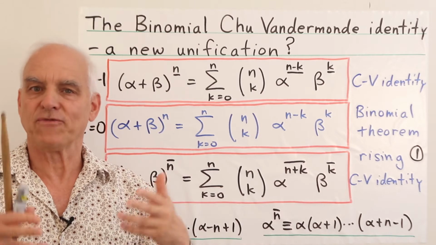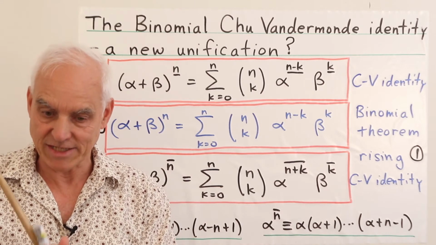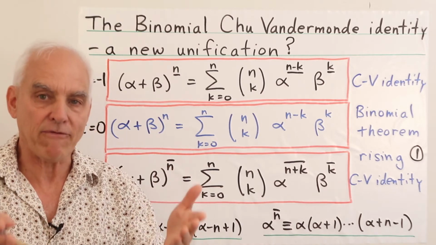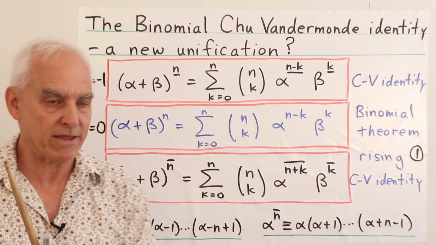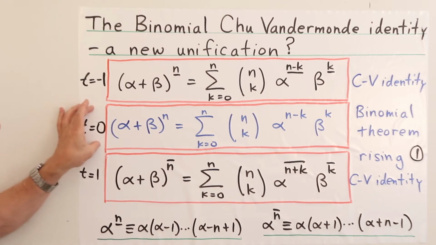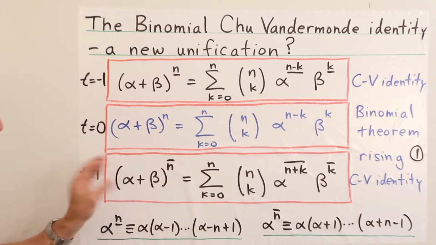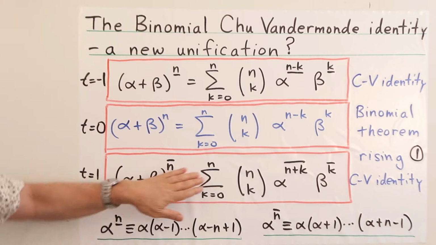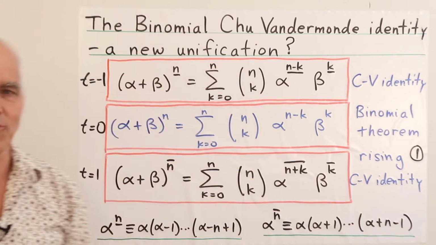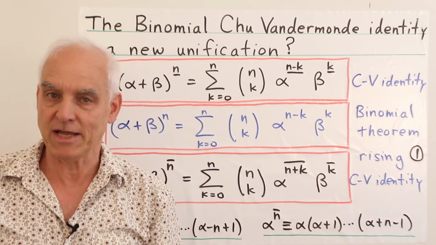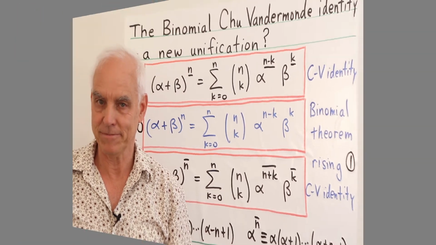So this is not just frivolous generalization for generalization's sake. We're actually uncovering a hugely important series which lies at the heart of a lot of mathematics for the t equals 0 case. And we're going to see that the corresponding thing for the t equals 1 case is in some sense a mirror symmetry version of the t equals minus 1 case. So lots of interesting things going to be happening today.